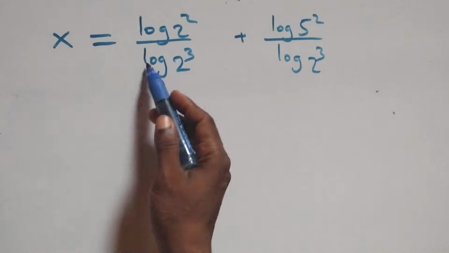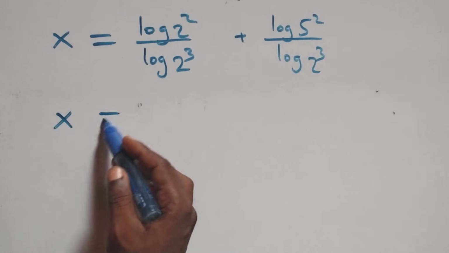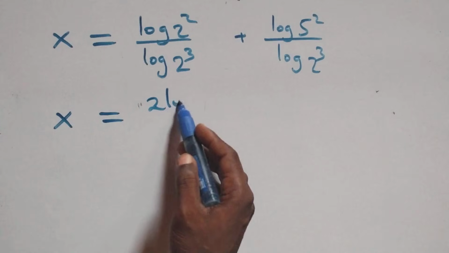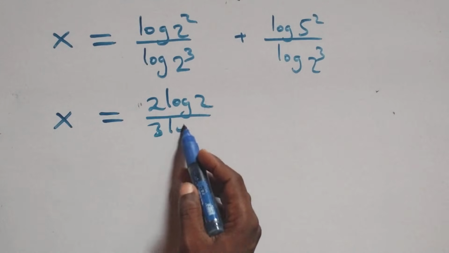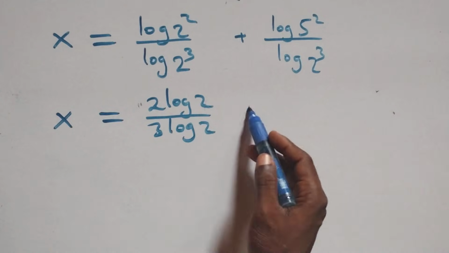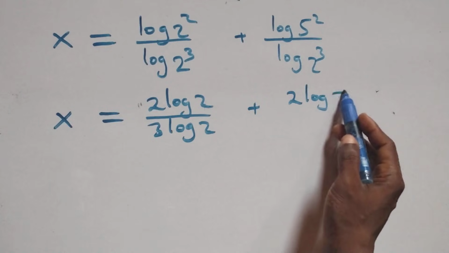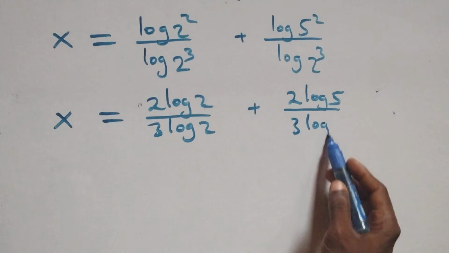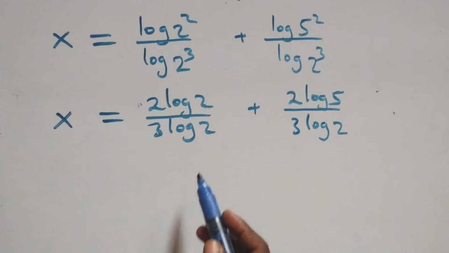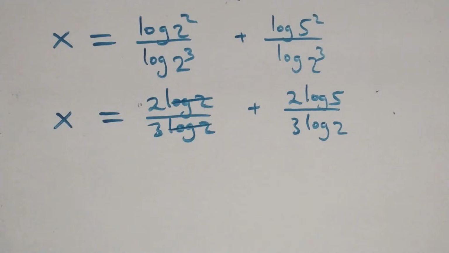Then here we apply the power law of logarithm. This 2 comes here, 3 comes here, 2 comes here, also 3 comes here, and we have x equals 2 log 2 over 3 log 2 plus, here also we have 2 log 5 over 3 log 2. From here, log 2 cancel each other.